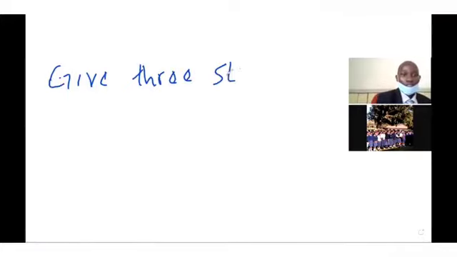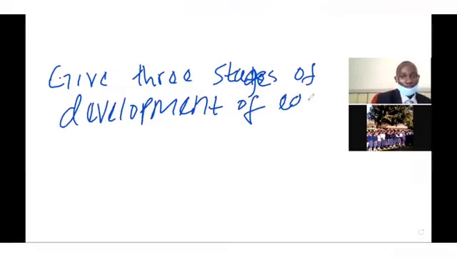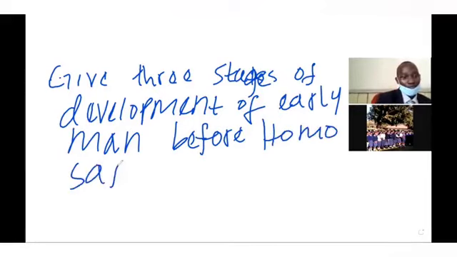You can be asked to give three stages of development of early man before, maybe, Homo sapiens.